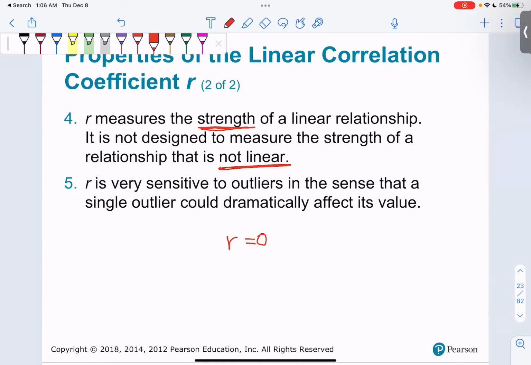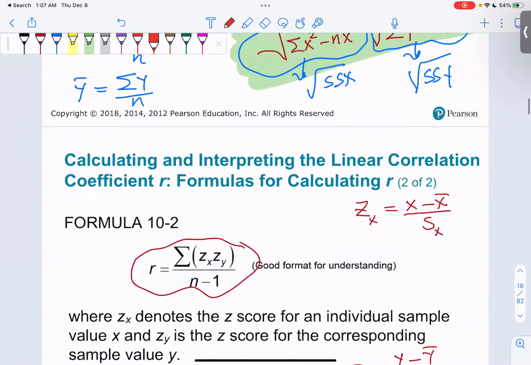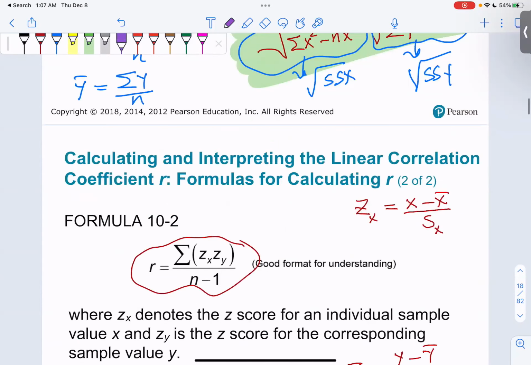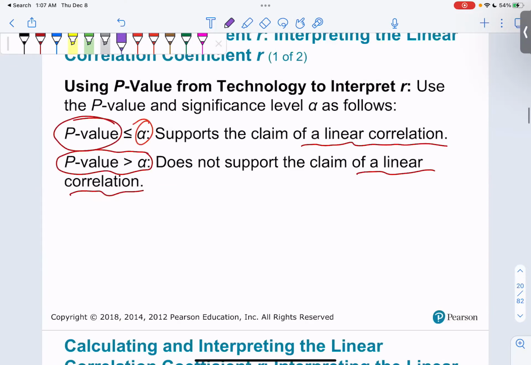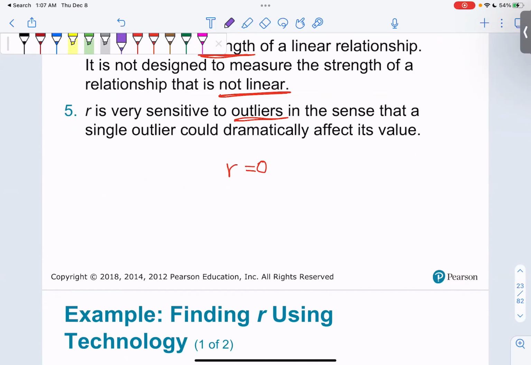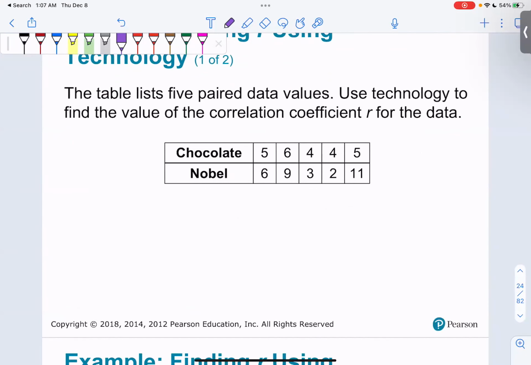And we did say also R is sensitive to outliers, right? Why is it sensitive to outliers? Because as you see in the formula, when we calculate R, we use X bar and Y bar, and those values are very sensitive to extreme values or outliers. So that's why the correlation will be very sensitive to outliers.